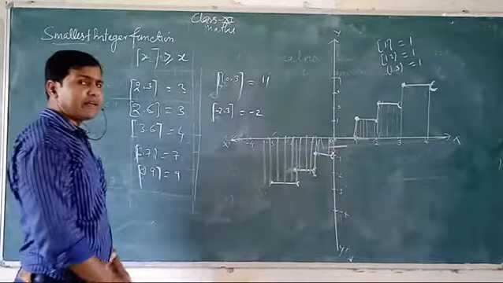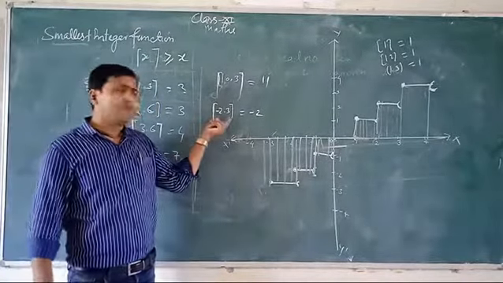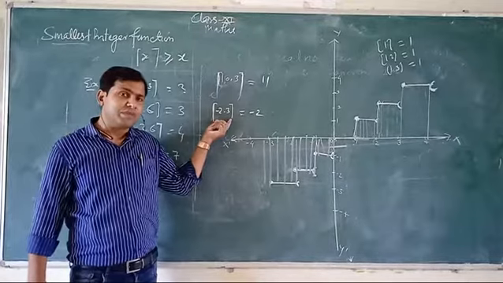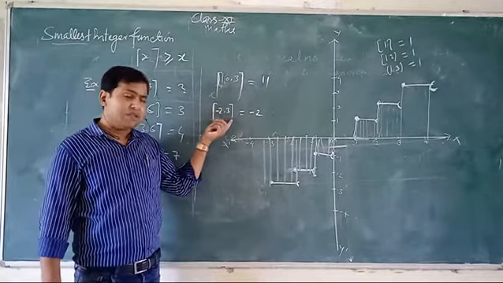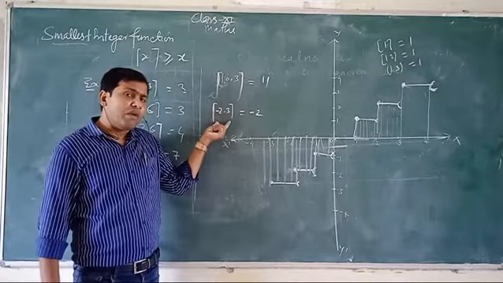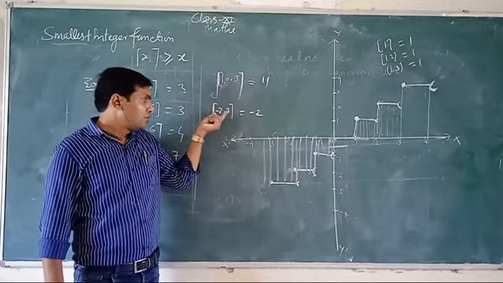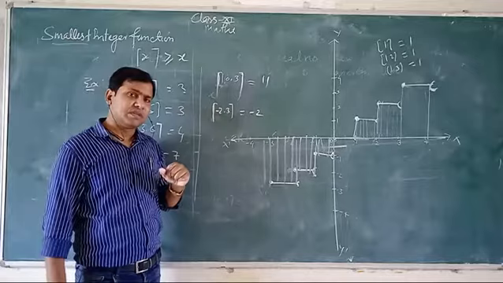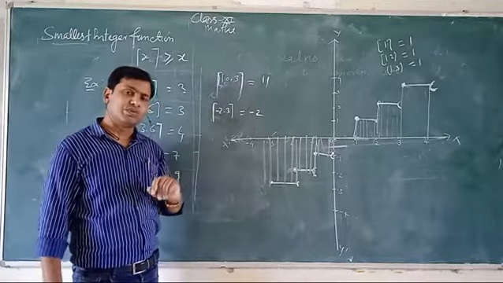Because we know that the greatest integral value of the, and this means any greater integral value of minus 2.3, so what will it be here, minus 2.